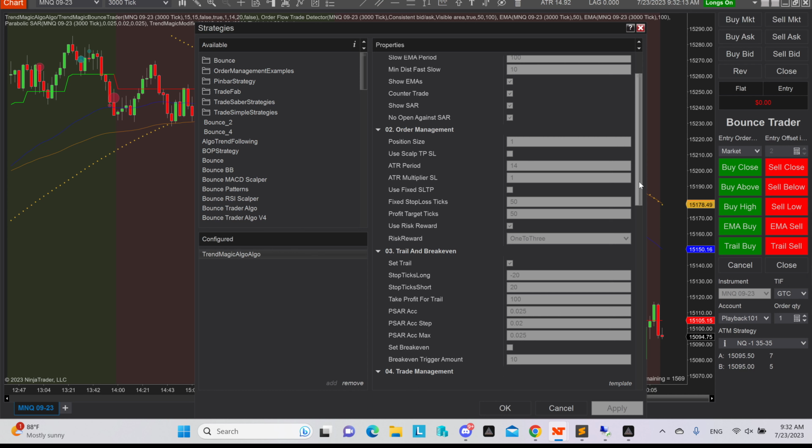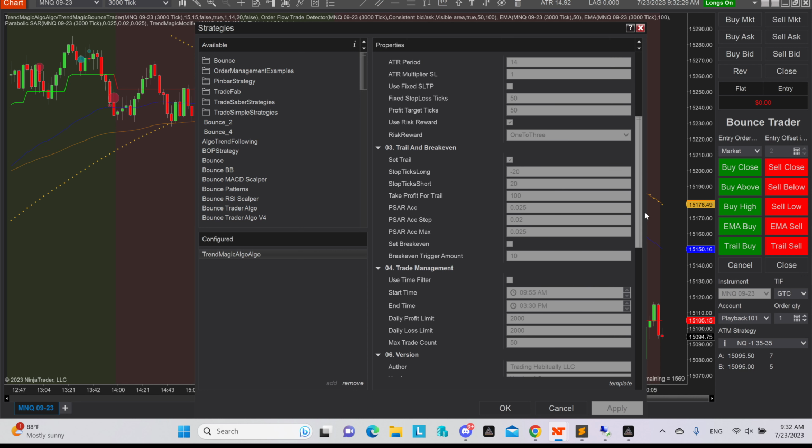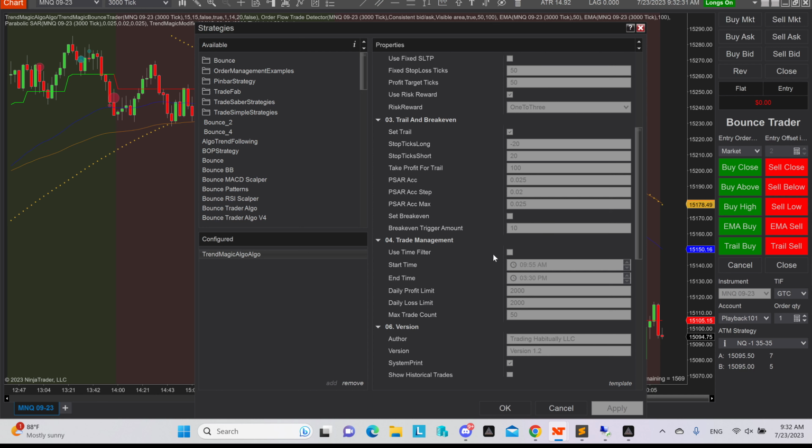That would be your risk, and if you have 1 to 3, then you would take that amount of ticks and multiply it by 3, but it's going to trail. I also use standard time, but I start at 10 a.m. till 3:30.